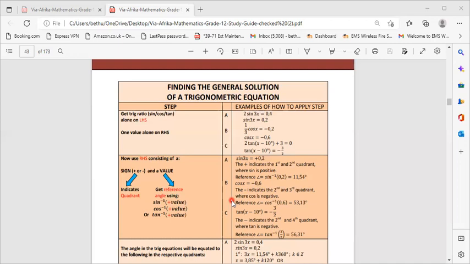Right? Then, next step of finding the general solution for this equation. As you may note, on the right-hand side the sign of 0.2 is positive. This indicates that the first and second quadrants are where sine is positive, right? So we know that we're looking at angles in the first and second quadrant.